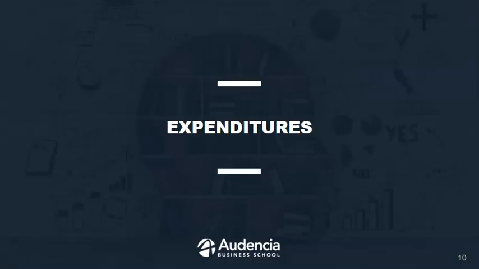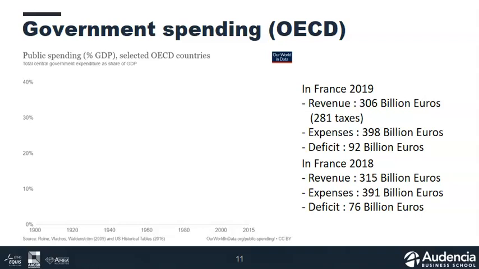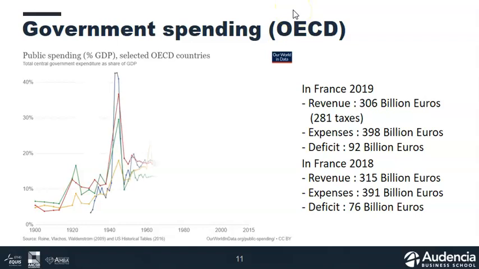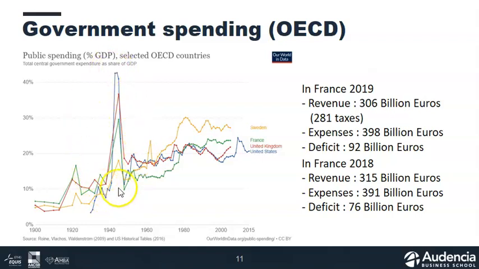So what about expenditures? We've got an idea of the different types of taxes that can be levied on people. Expenditures, as we can see, have grown over time, and here we have a really good example of how expenditures increased substantially. This is obviously the World War II period, World War I down here, and expenditures continue to grow.